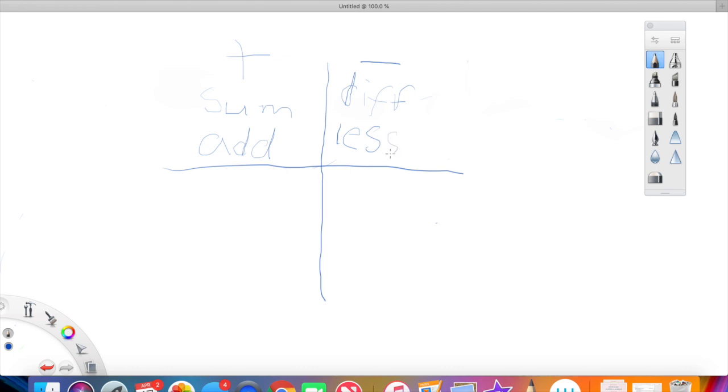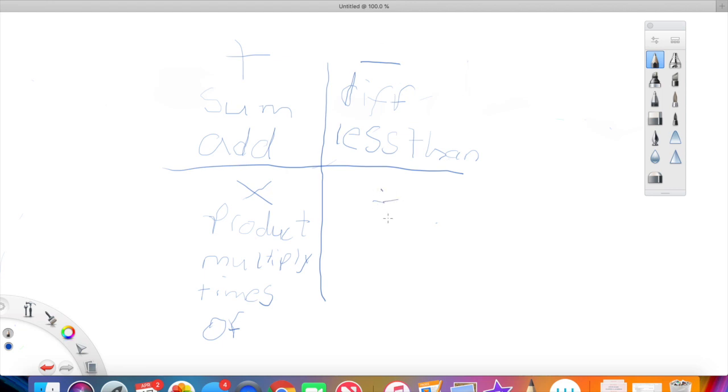And then multiplying, we have product, multiply, times, and this is one of the newer ones, which is of, because that comes up a lot.